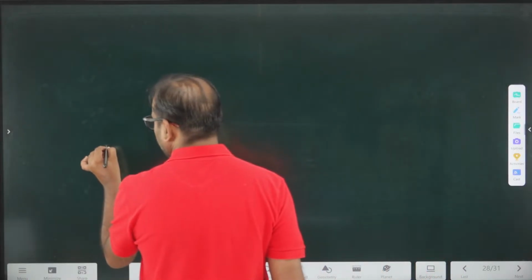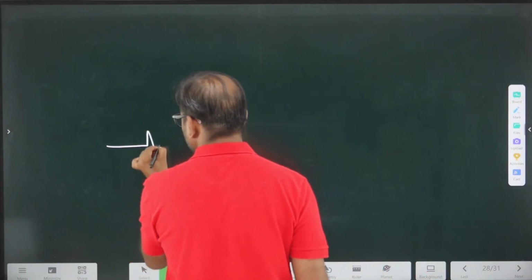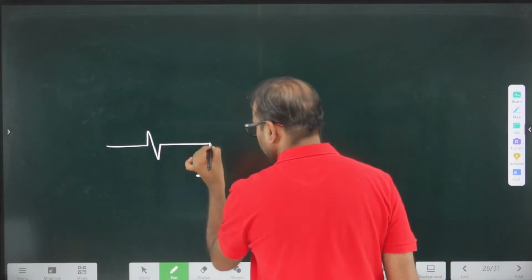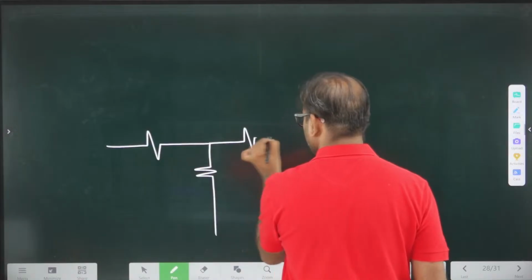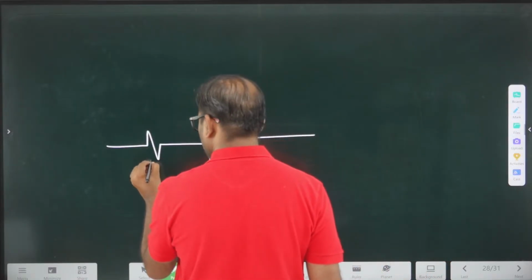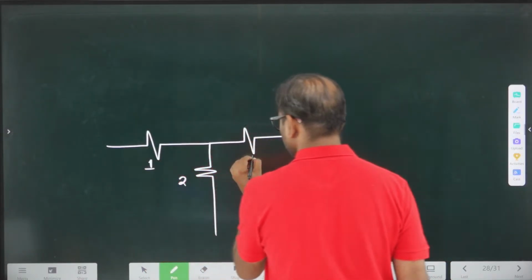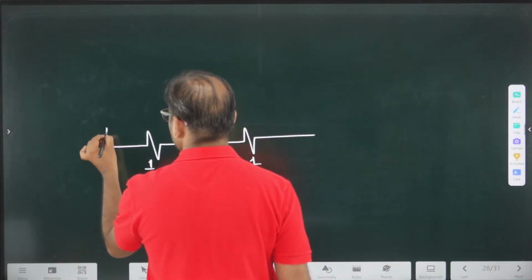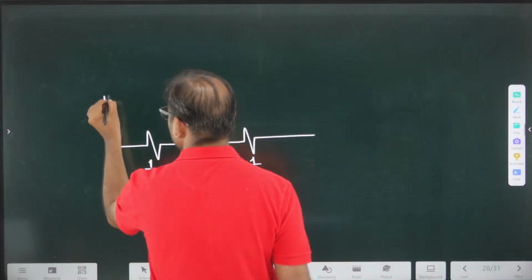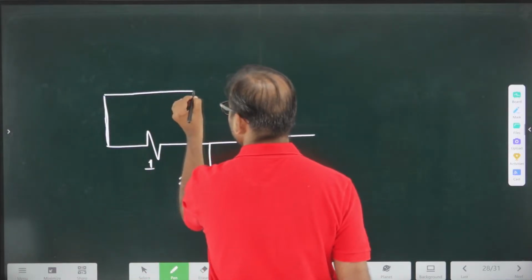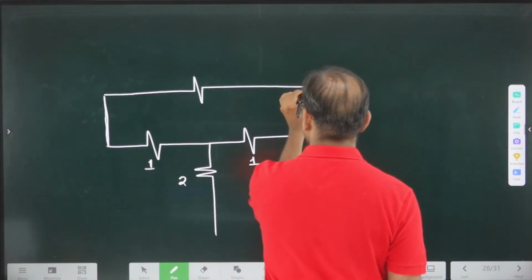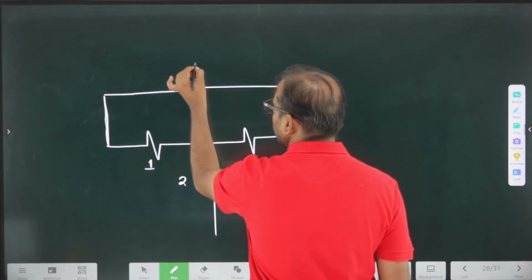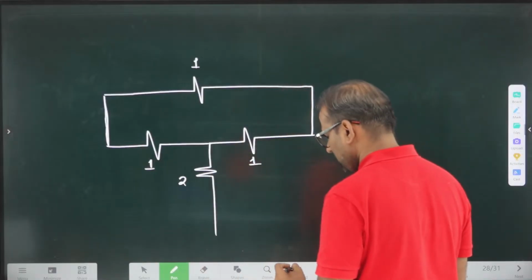Let's say I have this network with 1 ohm, 2 ohm, 1 ohm, and this is also 1 ohm.